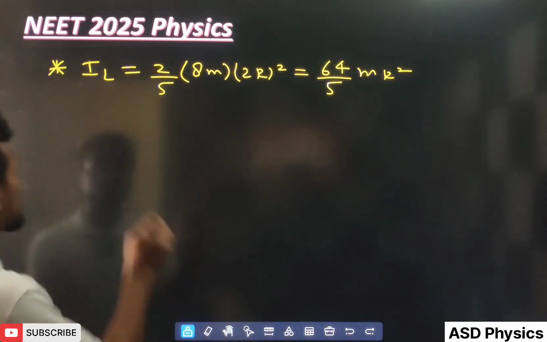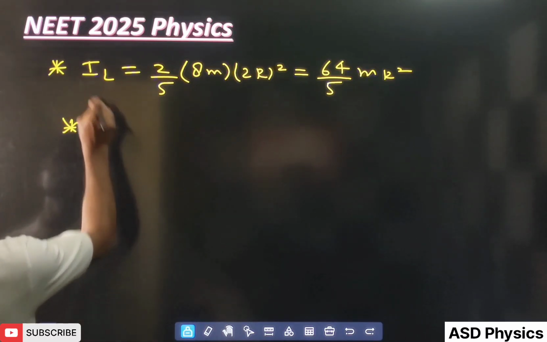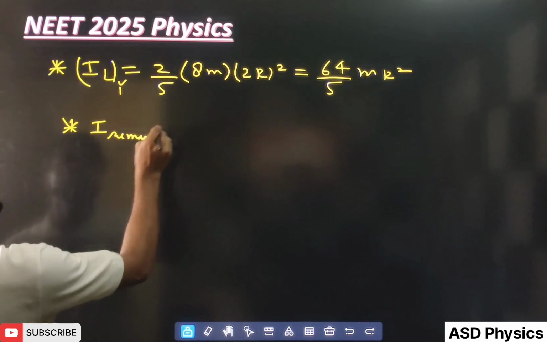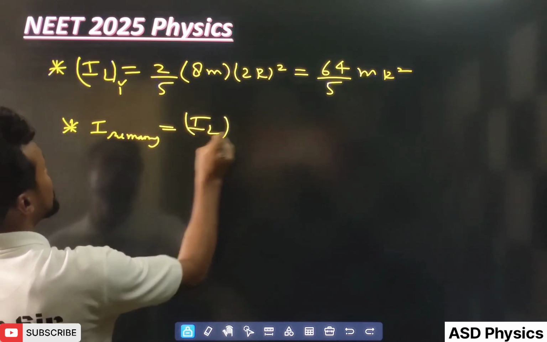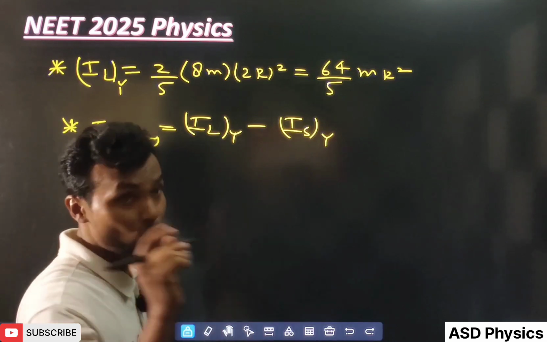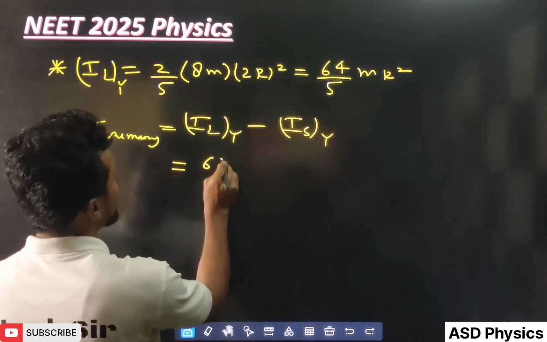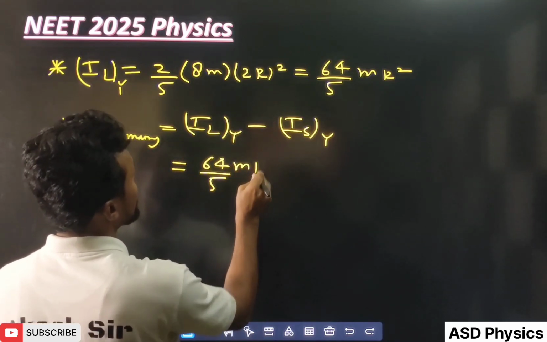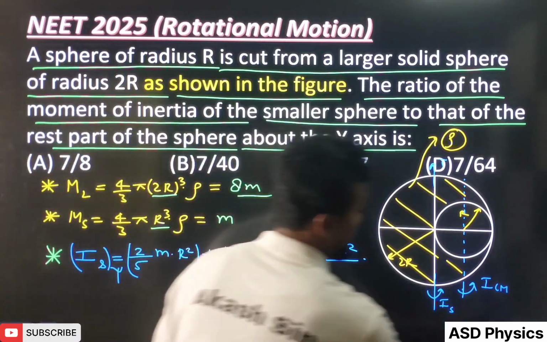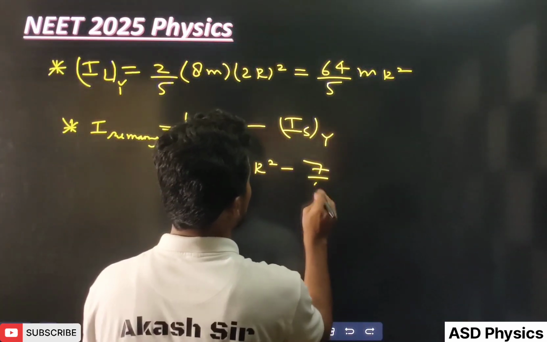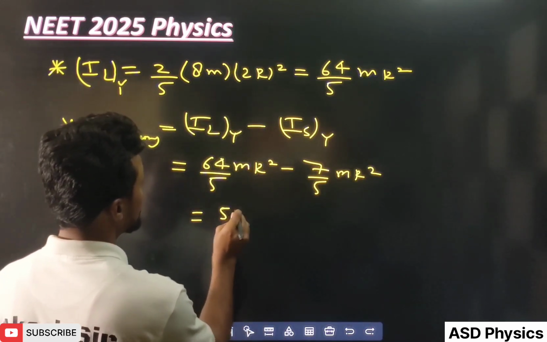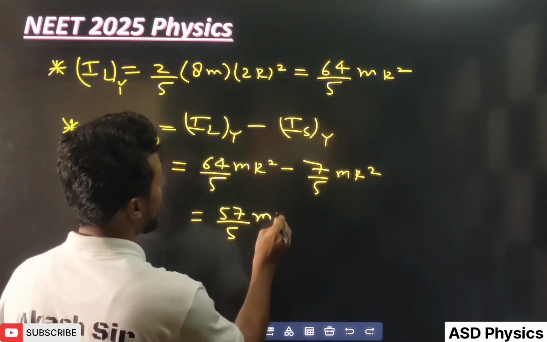This is also about the y-axis. So I remaining, after cutting, is I large sphere about the y-axis minus I small sphere about the y-axis. So large is 64 by 5 mr square minus 7 by 5 mr square. 64 minus 7 is 57, so 57 by 5 mr square.